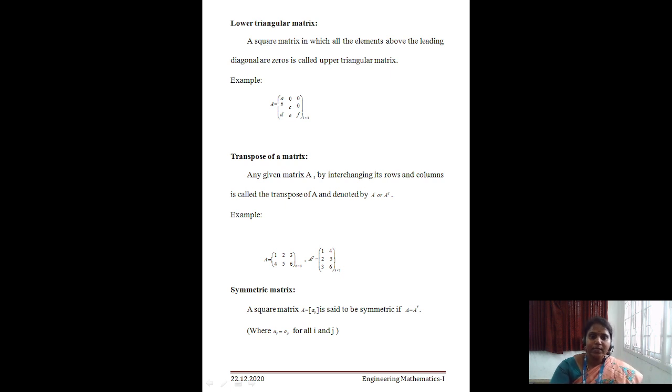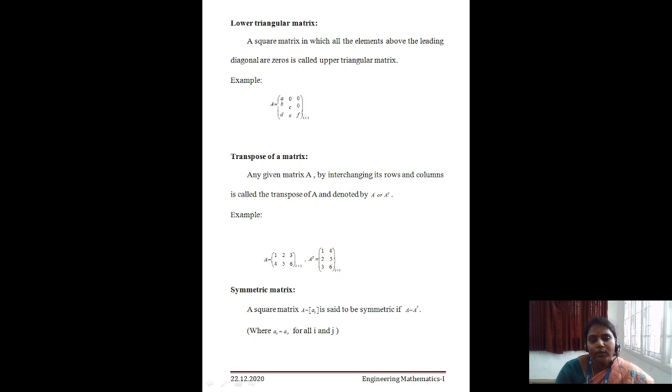The next is transpose of a matrix. Any given matrix A, by interchanging its rows and columns, is called the transpose of A, and it is denoted by A dash or A transpose. Simply you can say the rows are interchanged as columns and the columns are interchanged into rows. Look at the example.